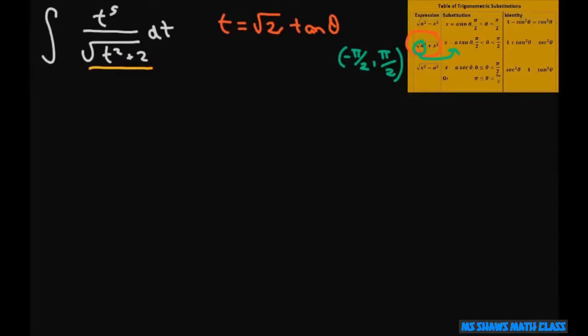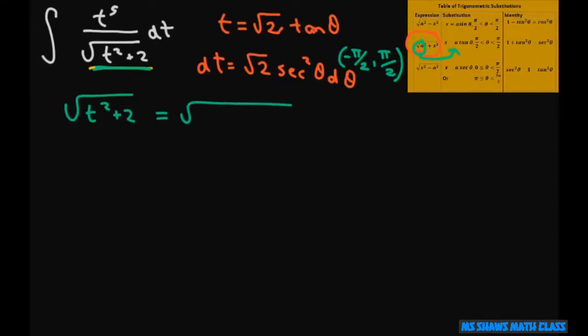Now let's take the derivative of t, and that's going to give you square root of 2 secant squared theta d theta. All right. Now let's just look at this piece. Square root of t squared plus 2 is going to equal, you just square this, 2 tan squared theta plus 2.